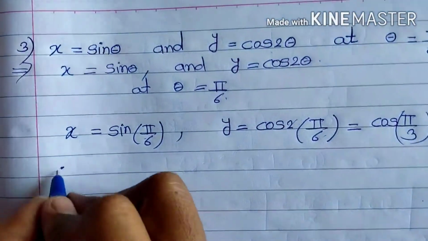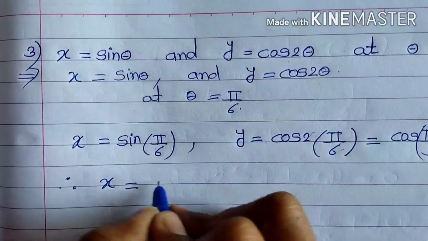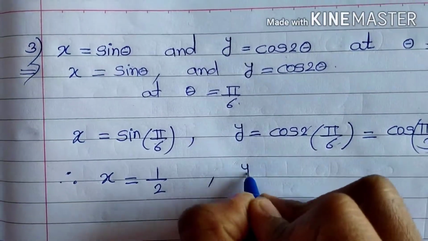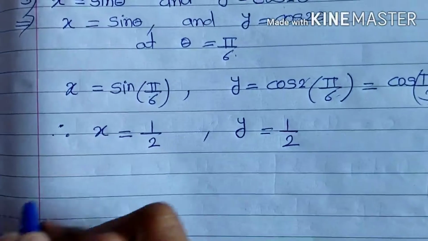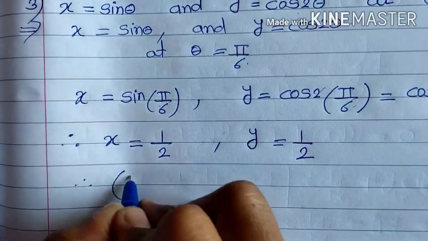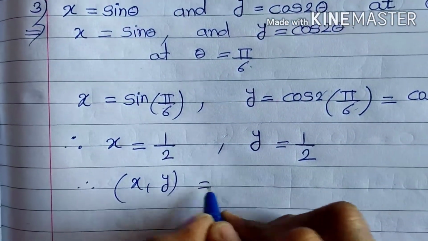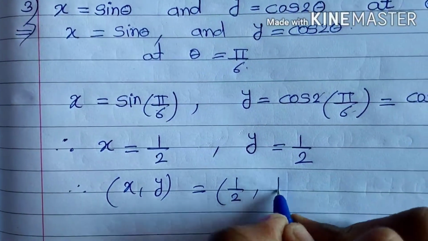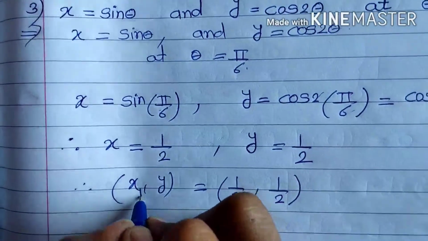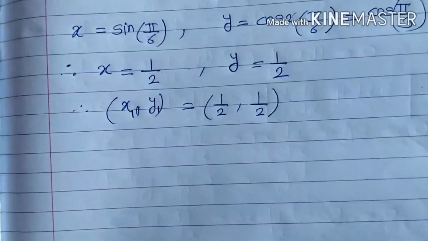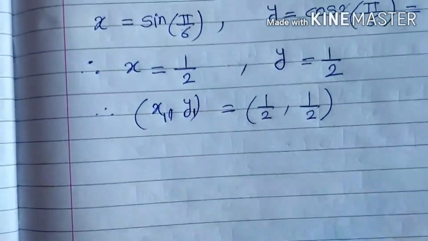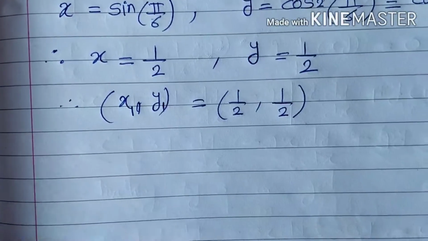So here x is equal to 1 by 2 and the value of cos pi by 3 is also 1 by 2. So this is our point: x1, y1 is equal to 1 by 2, 1 by 2. Now using the given expressions you can differentiate.